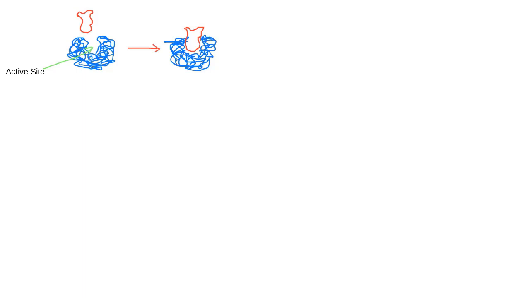And you have the enzyme, which is the bluish thing, and then the red thing, which is your substrate. That's basically the molecule that's going to be reacting. Essentially, enzymes are catalysts. They're biological catalysts that help a reaction occur more quickly.